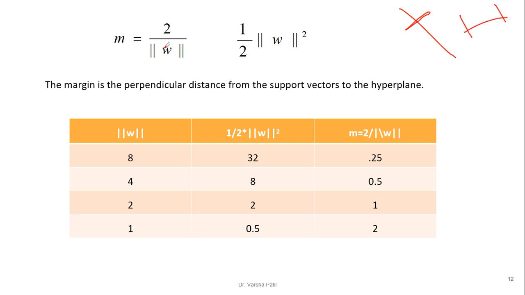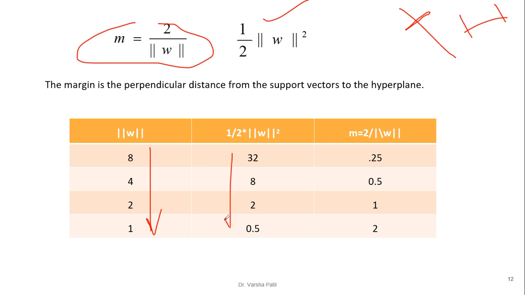Here just an example is given. For example, we want to minimize this, so when we minimize this, the margin gets maximized. Here the norm of the vector is 8421, a randomly taken value. When the norm of the vector is reduced, 1/2 ||w||^2 is also reduced, to 3282.5, and this increases the margin.